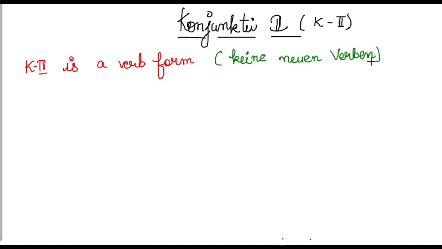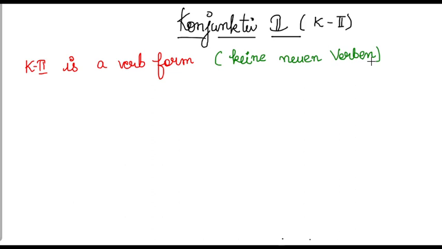For example, what are the verb forms? We have learned Präteritum, we have learned Perfekt, etc. And we have also seen the conjugation of verbs in various formats. For example, in Präteritum, we used to conjugate our verb in the past tense, following certain rules and regulations.